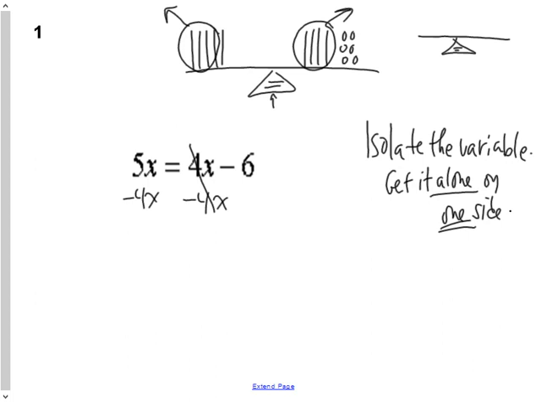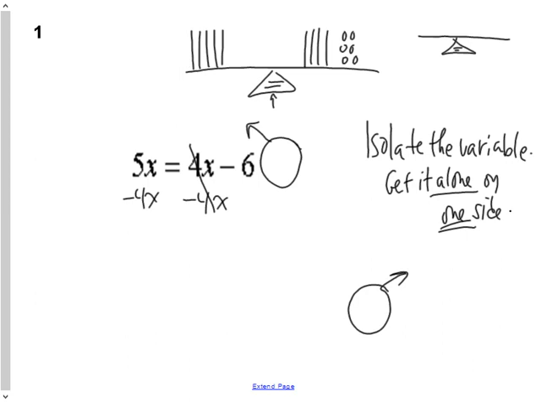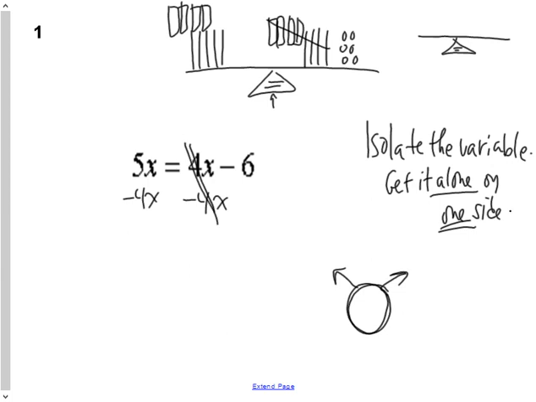Now, subtracting 4x is the same thing as if I was to take these two things down here and get rid of them. It's the same thing as adding negative 4x to both sides. Adding negative 4x and positive 4x would make a 0 pair, just like we put the line through here. Another way to think about subtracting 4x is to add negative 4x, both the same thing.